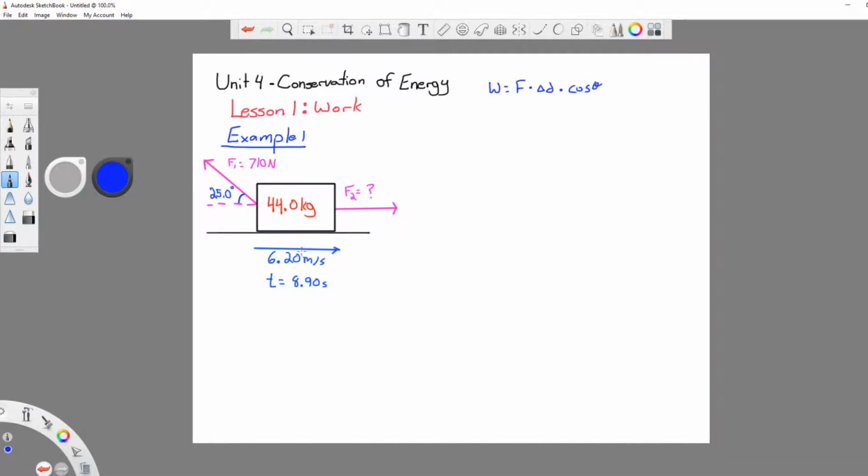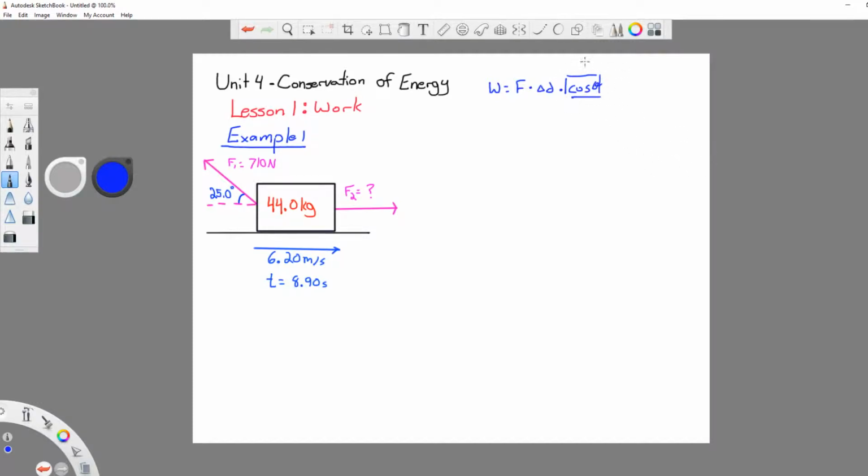Our motion is in the x direction, so we can only consider x direction forces. So this 710 newtons is all great, but if we were to take the adjacent side of this to solve, it would be a cosine function. And that cosine function up here is what takes that into account.